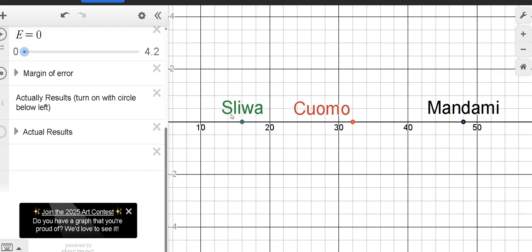In any case, this was the estimate of where they were standing before the election. S was somewhere around 16%. Cuomo was around 32%. And Mamdani was around 48%. Those were the pre-poll numbers. But the thing is, if you take a different poll, you're going to get different people to answer. You're going to get a different mix.